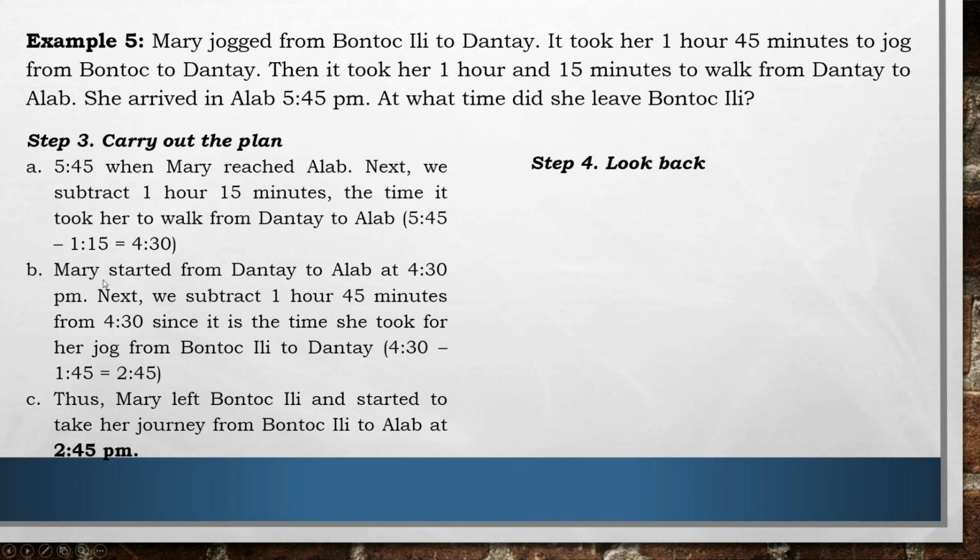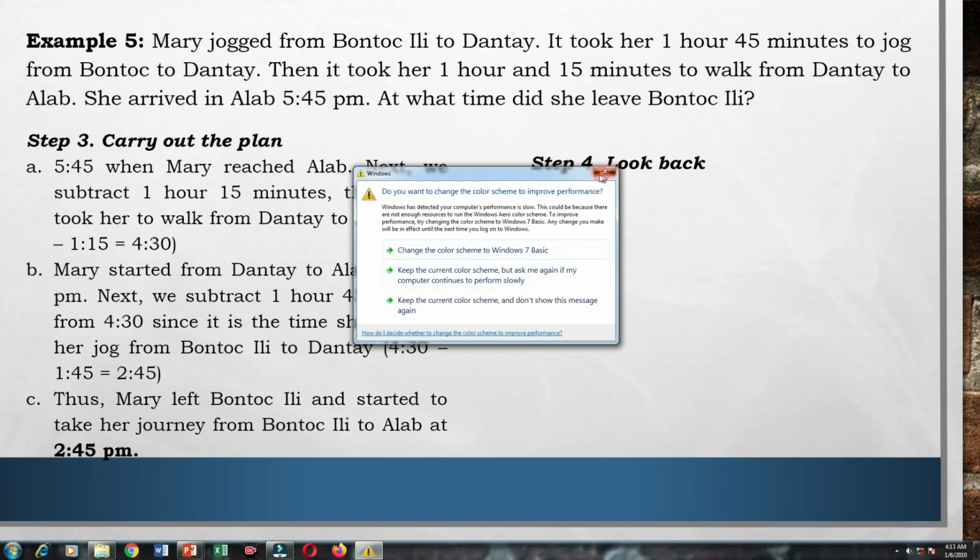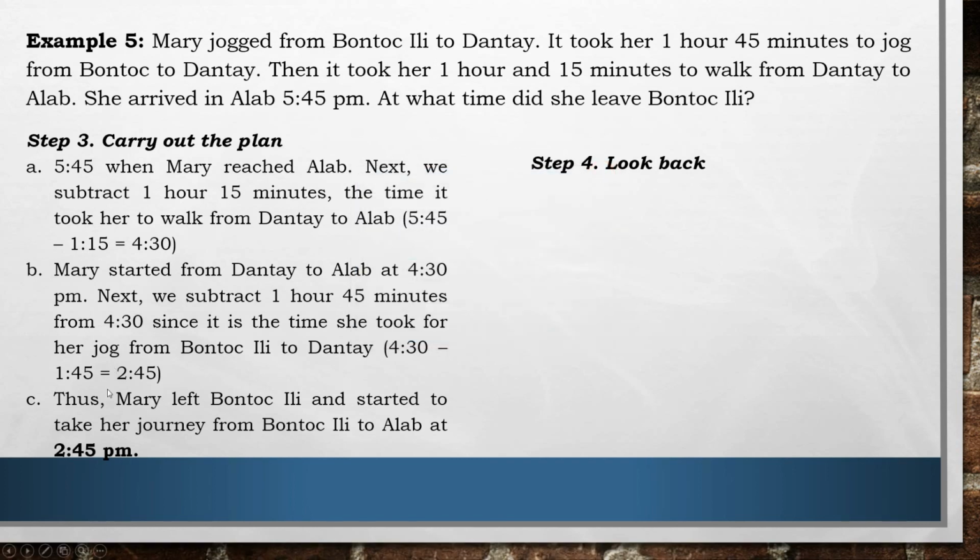Mary started from Dantay to Alab at 4:30 p.m. Next, we subtract 1 hour 45 minutes from 4:30, since it is the time she took for her jog from Bontoc Ili to Dantay. The remaining time is 2:45. Thus, Mary left Bontoc Ili and started her journey to Alab at 2:45 p.m.